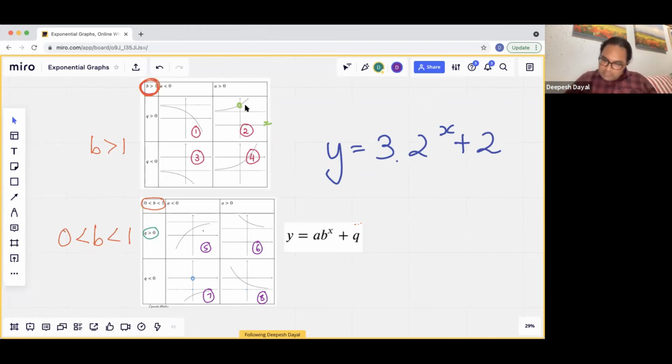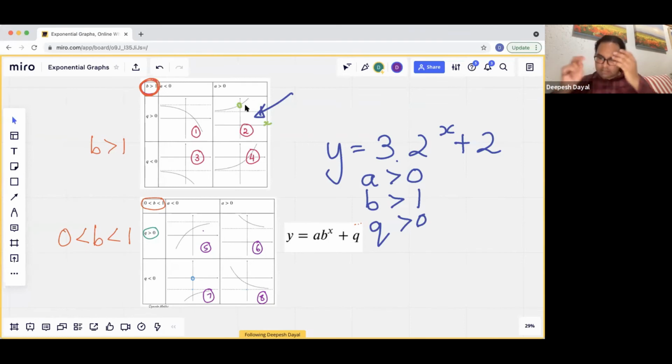So we've got a is positive, b is greater than 1, and q is greater than 0. So it has to be this one. I think it's 2. Yeah, it is 2. Well done, everybody. Great.